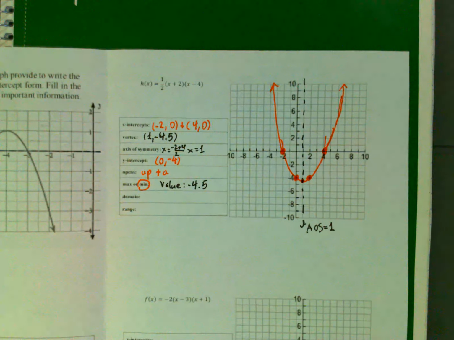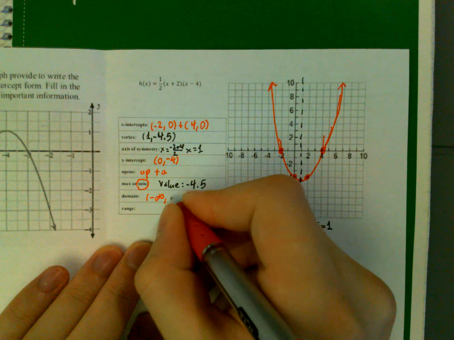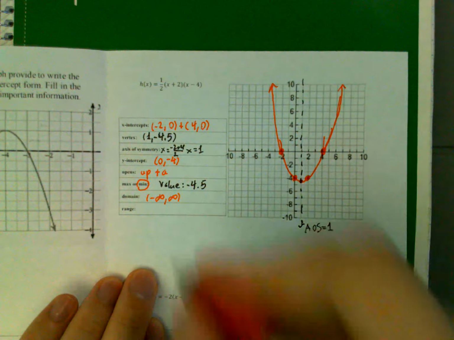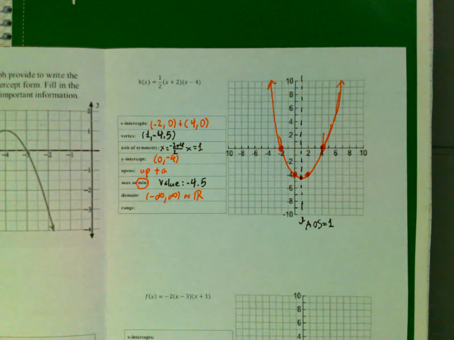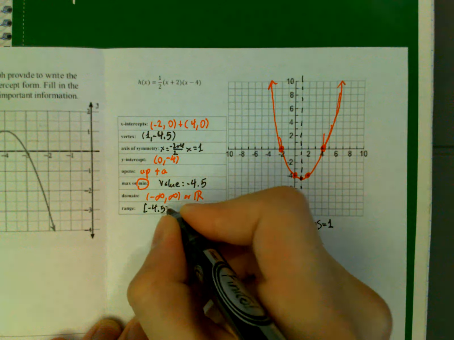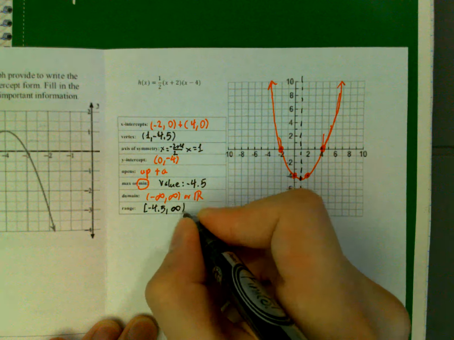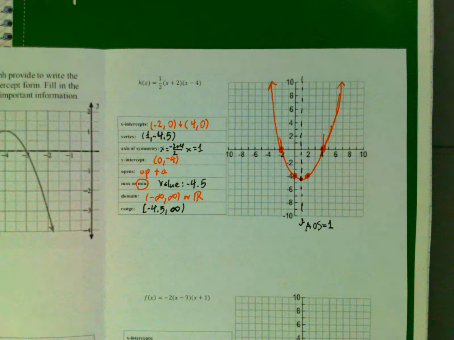The domain would be negative infinity to positive infinity, or all real numbers. And the range would be from negative 4.5 to positive infinity.